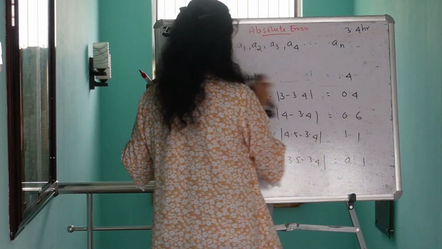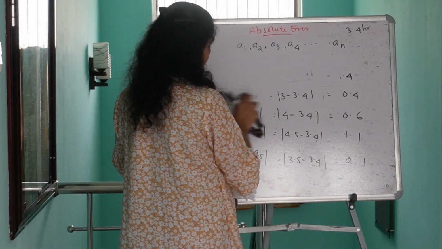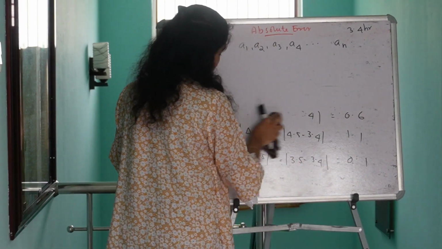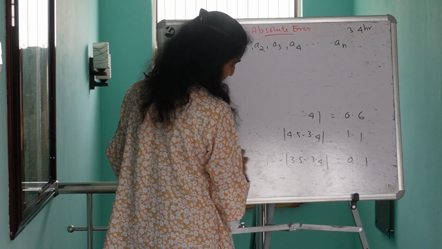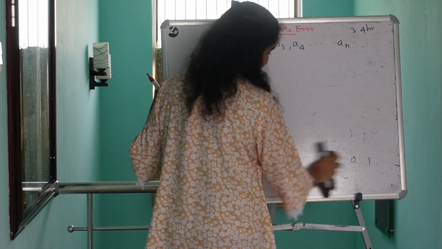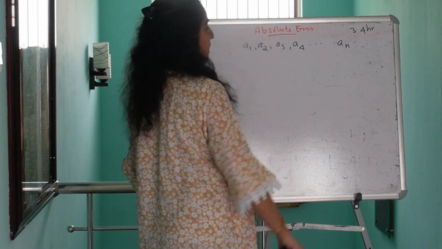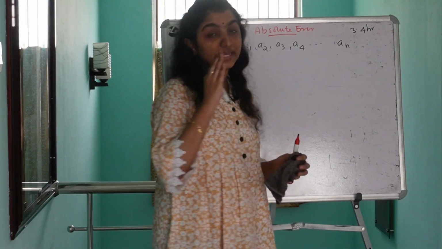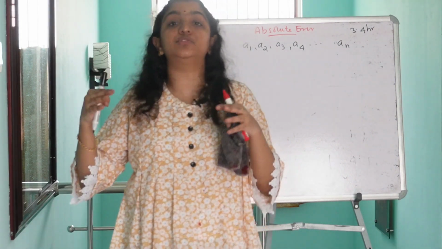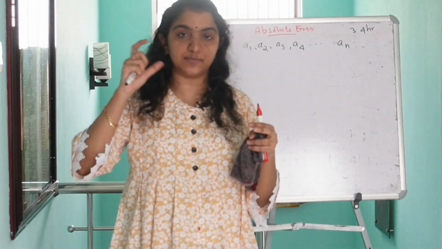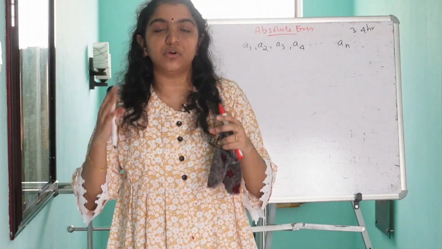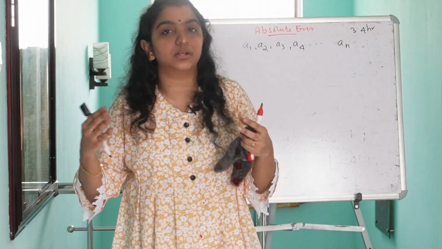What is mean absolute error? Mean absolute error is nothing but the mean value, or average value, of all the individual absolute errors.